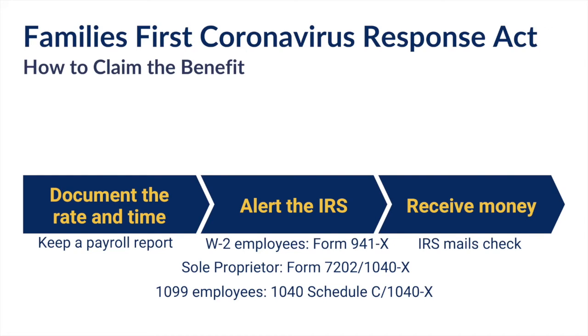If you're a sole proprietor, you're going to do it one of two ways. For 2020, since that tax year has ended, you're going to want to do a 1040X. See a theme here? If it has an X, it means an amendment, which means I'm now changing my 1040. You could do this through the software you use online or through your tax preparer. In the current year, if you haven't done your 2021 taxes yet, you could use a Form 7202.